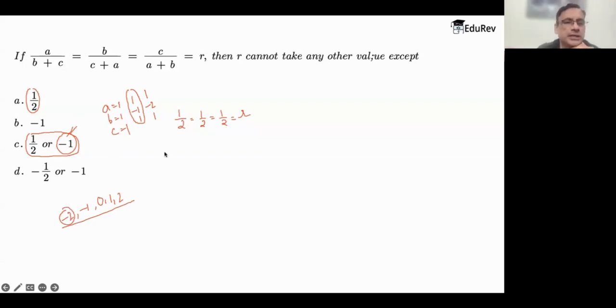So if I do this, then A upon B plus C becomes 1 upon -2 plus 1, which basically is 1 upon -1, which is -1.